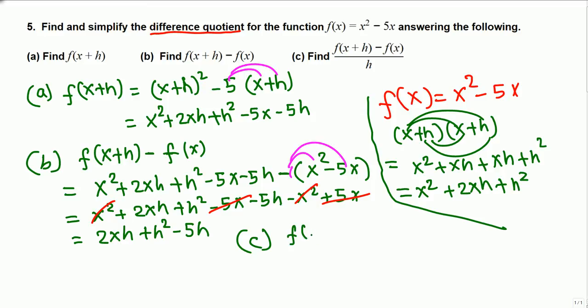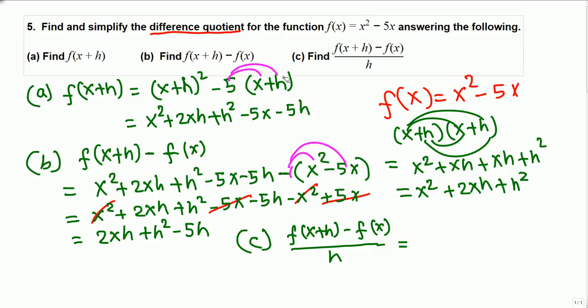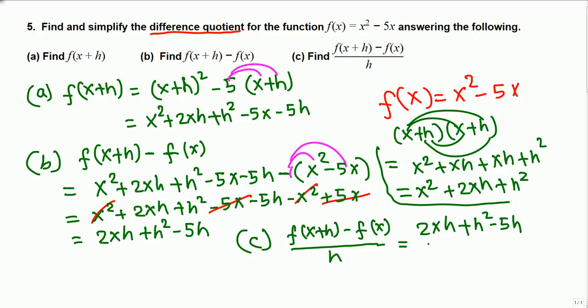So f of x plus h minus f of x over h equals, we found this top part in part B and simplified, 2xh plus h squared minus 5h, divided by h. We have 3 terms on the top, so do not cancel anything. There is no cancellation. If you want to cancel something from top and bottom, you need to factor.